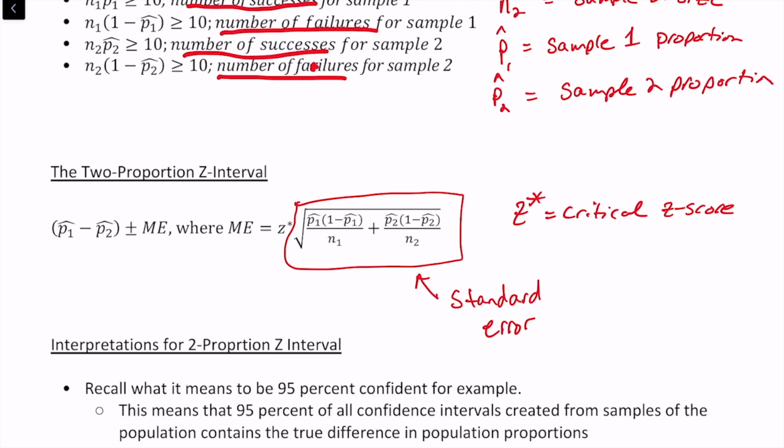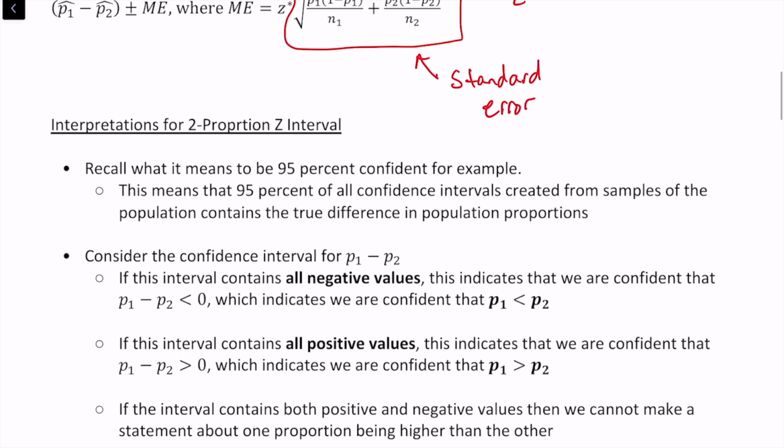Okay. Once again, before we jump into some examples here, actually I have just one example. Let's remind ourselves what are some of the interpretations of a confidence interval. Recall what it means to be 95% confident. 95% confident means that in 95% of all confidence intervals that are created from random samples of the population, they will actually contain the true difference in those population proportions.